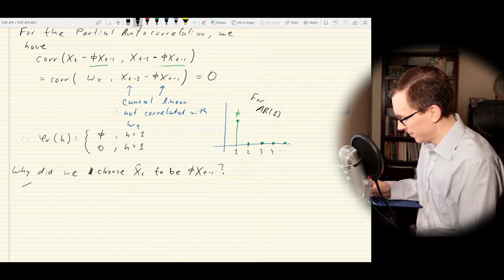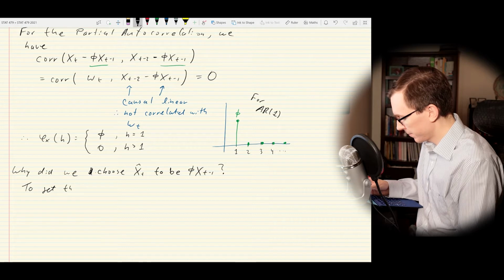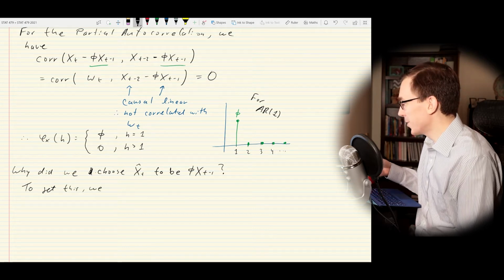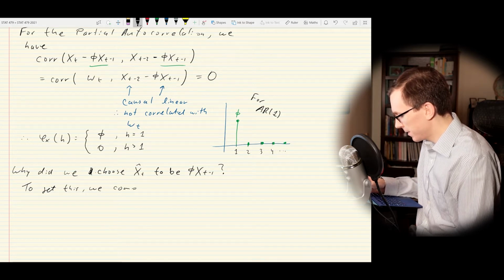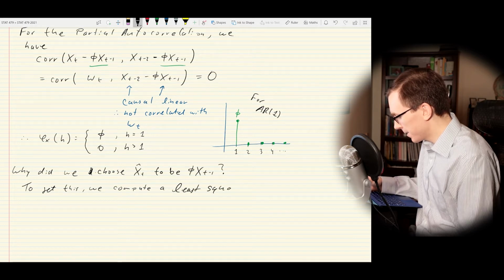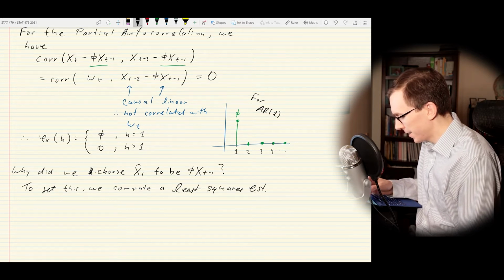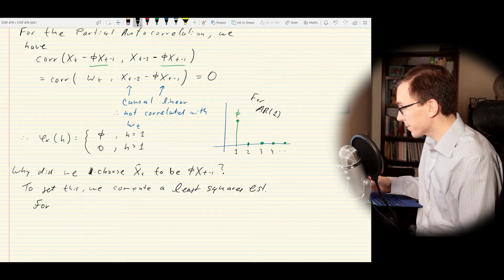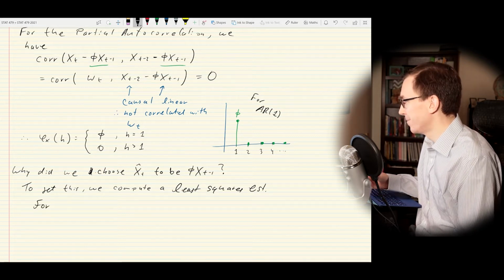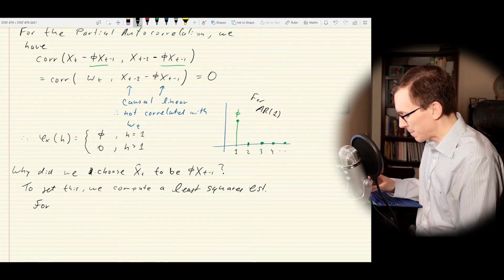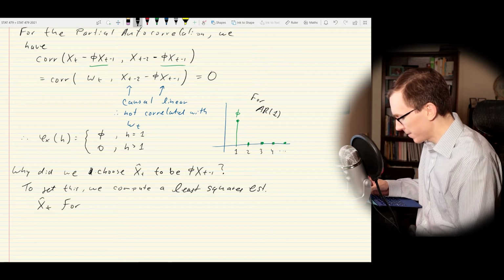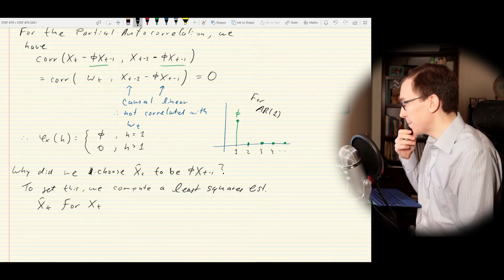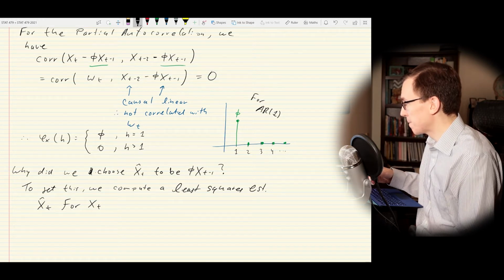So to get this, we basically are doing regression. So we're going to compute a least squares estimator for x_t based on those previous time points.